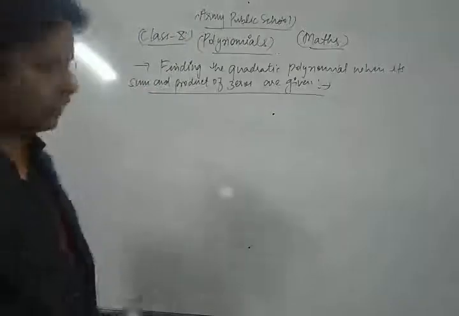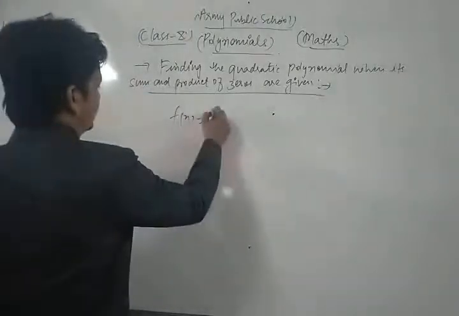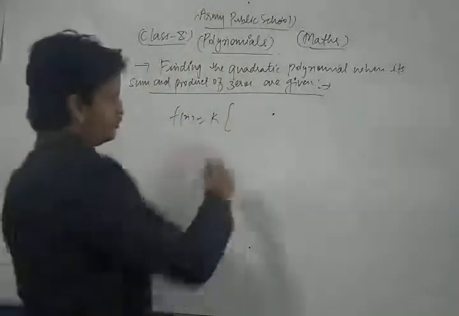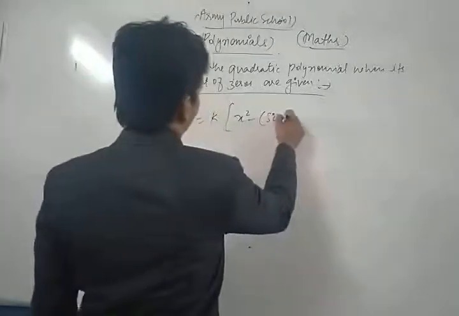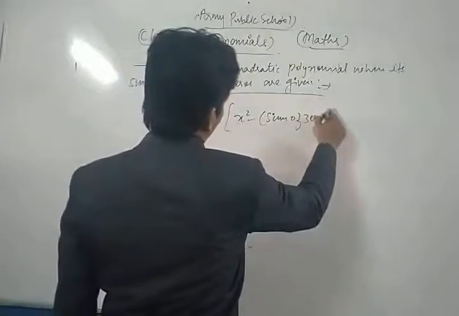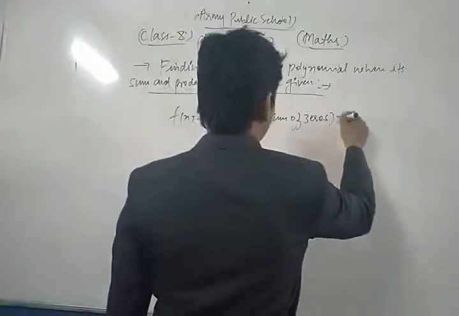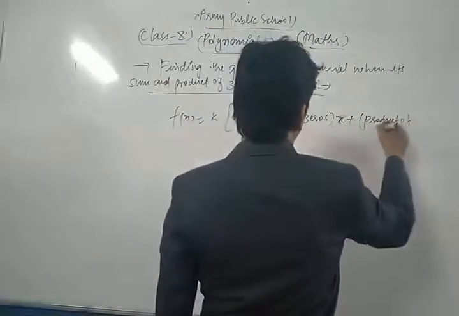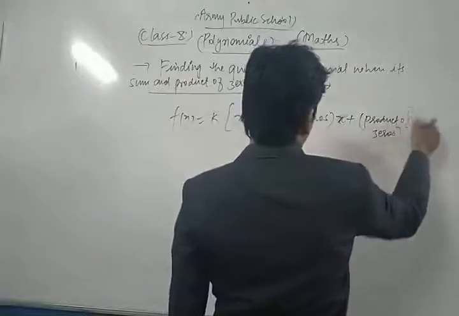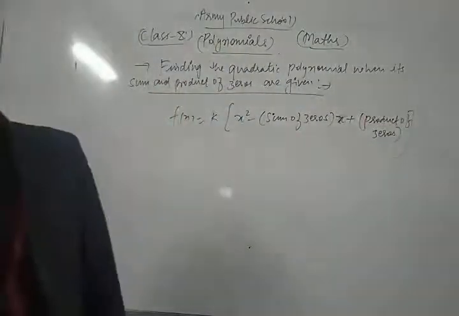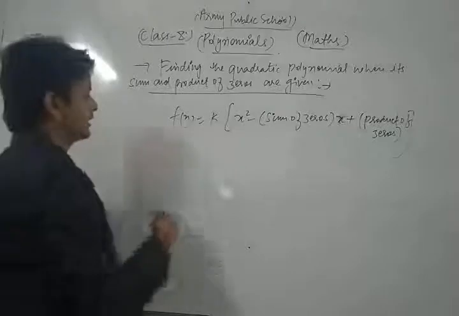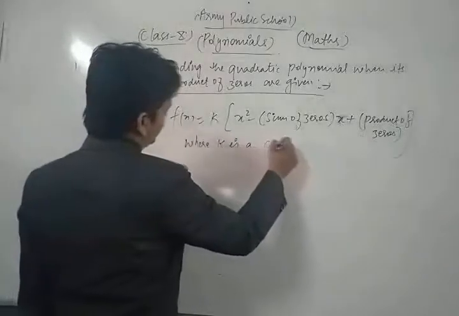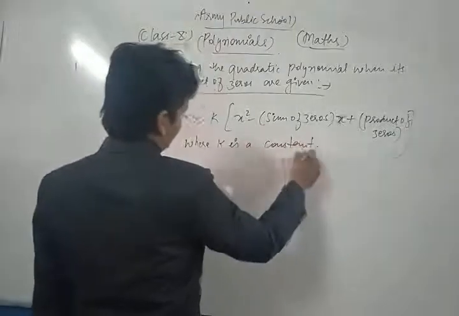The required formula to find the polynomial is k in bracket x square minus sum of zeros into x plus product of zeros, where k is a constant.